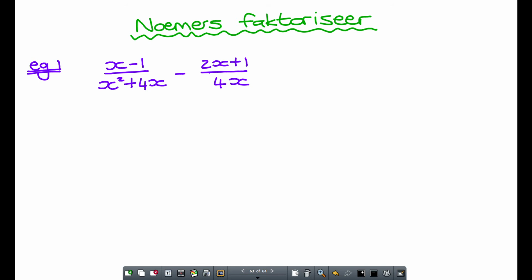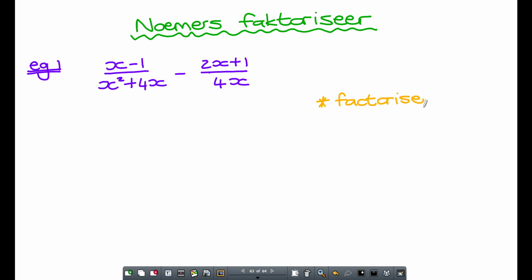Alright, so, jy kan al klaar sien, as jy net gaan kyk gou-gou na my noemers, if you only look at the denominators, it's going to be very difficult to go and make those denominators the same. Nee, dit gaan nie lekker werk nie. What you could do is multiply the two with each other, maar dan gaan jy met redelike groot goed werk. So then, when this happens, the first thing we do is we factorize the denominators.